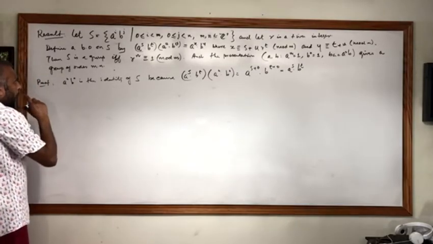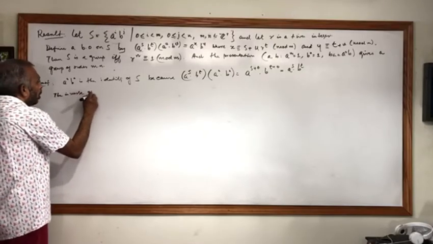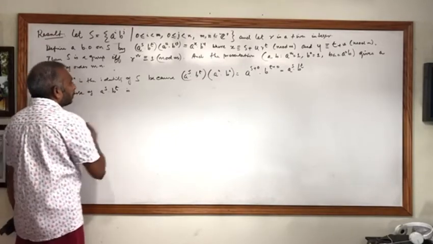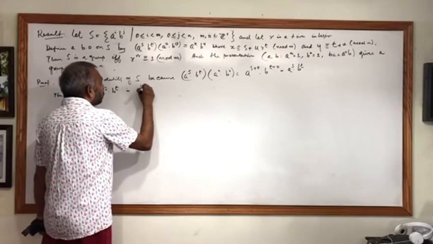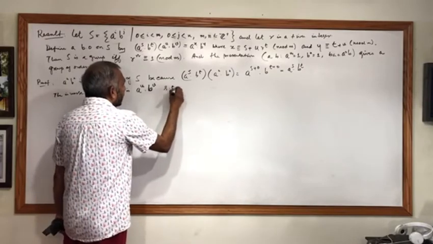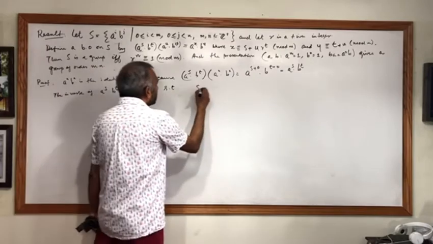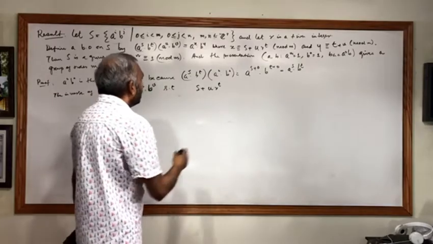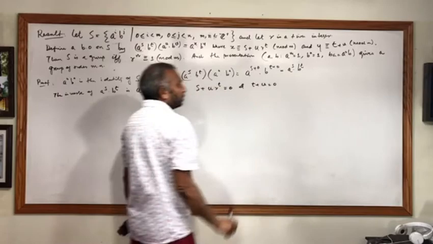And the inverse of a to the power of s times b to the power of t is a to the power of u times b to the power of v, such that s plus u r to the power of t is equal to 0 and t plus v is equal to 0.